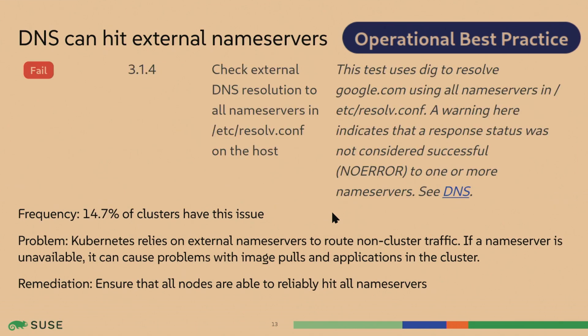All right, so next up, DNS cannot hit an external name server. Again, kind of a weird thing, but almost 15% of the clusters we've scanned have had this issue. This is where one of the name servers in your resolv.conf is unreachable for one reason or another.